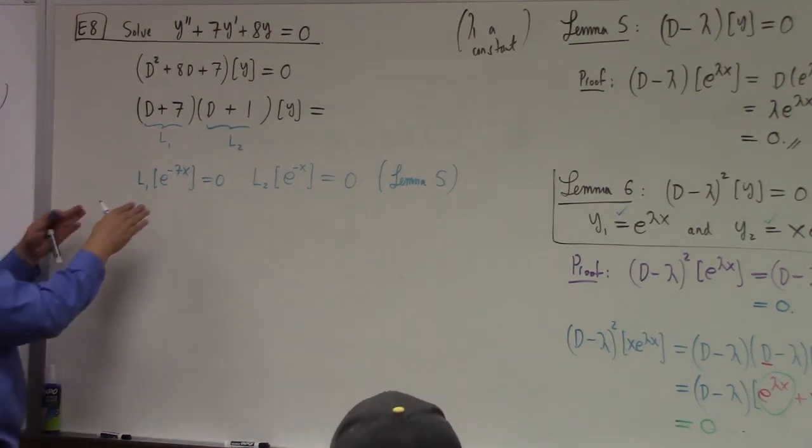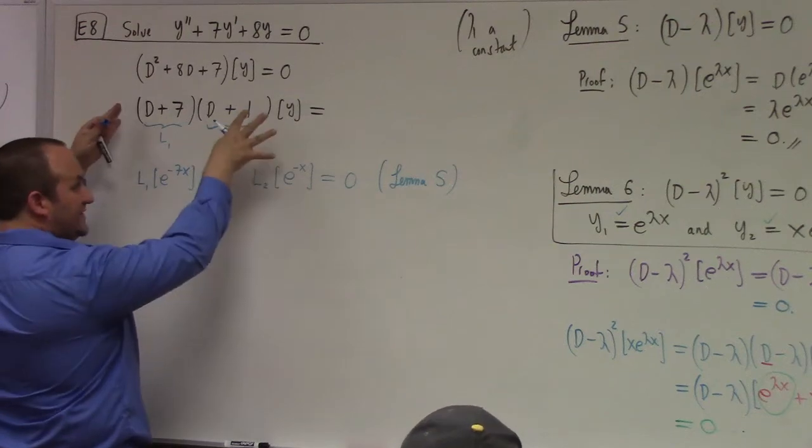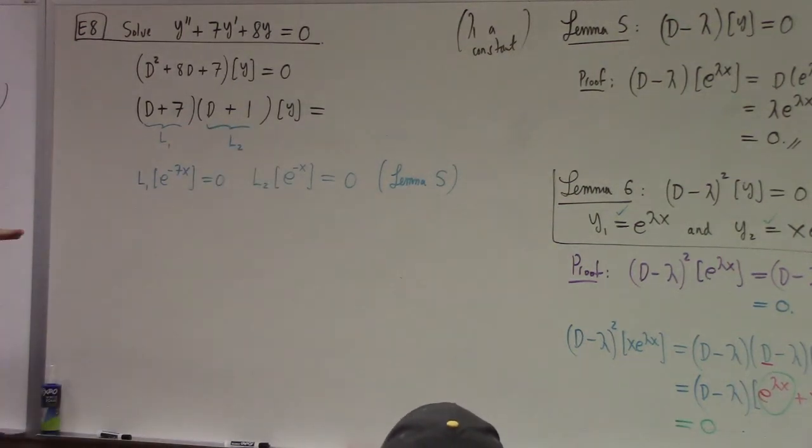Anyway, so definitely a solution to the pieces of the operator, right? By lemma 8, e^(-7x) and e^(-x) are solutions to the differential equation. By the theorem I wrote over here, what's the general solution then?